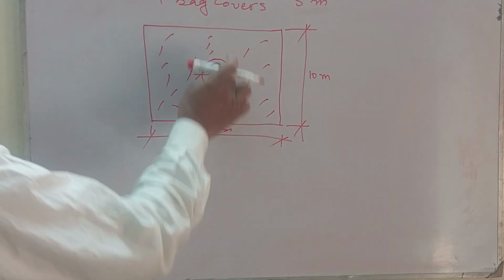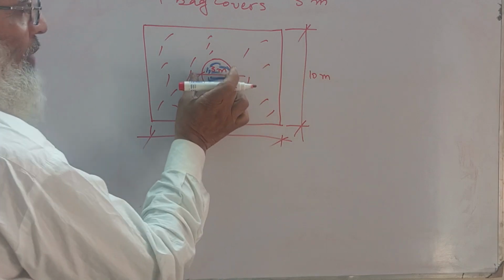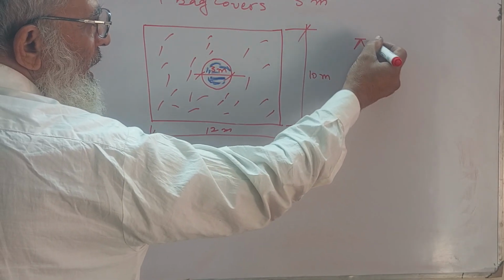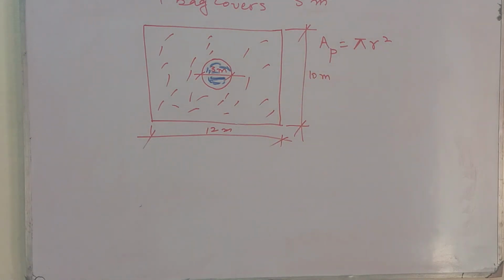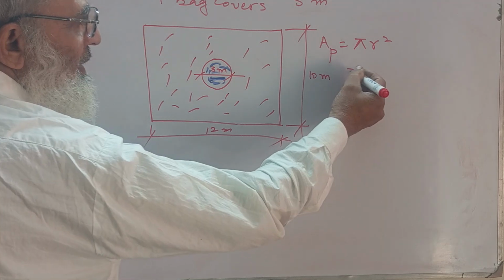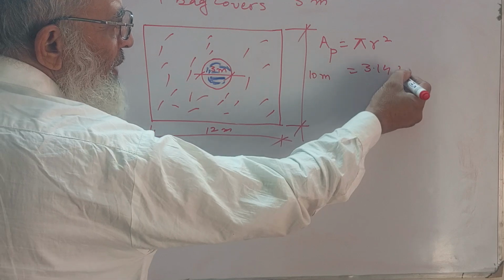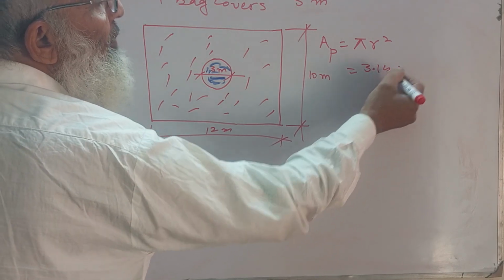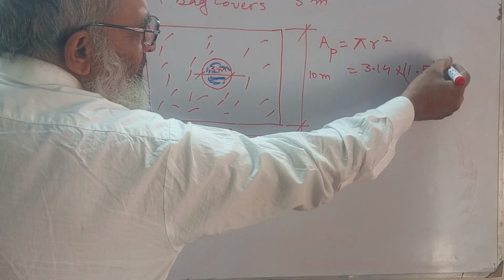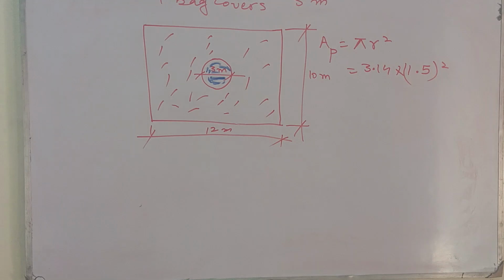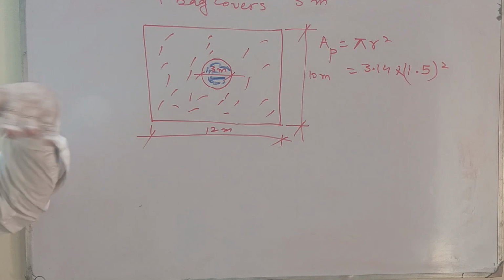The area of the pond is pi r squared, where r is 1.5 and pi is 3.14. r is not given here, diameter is given, and diameter is 2r.